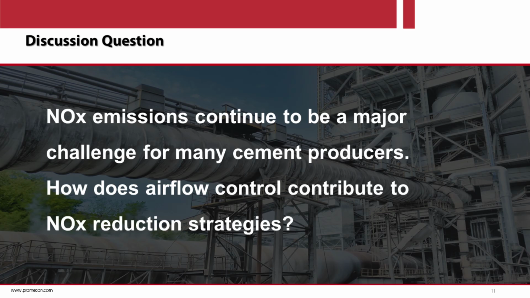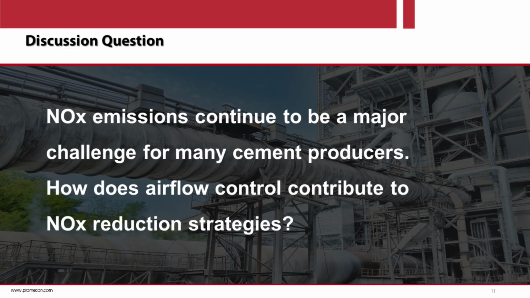If we have excessive air in the kiln, then we need a higher flame temperature, and that promotes higher NOx formation in the kiln. So for effective NOx control, I'm not speaking about destroying the NOx by applying SNCR, but about NOx production control, which requires proper know-how of the real combustion conditions inside the kiln.